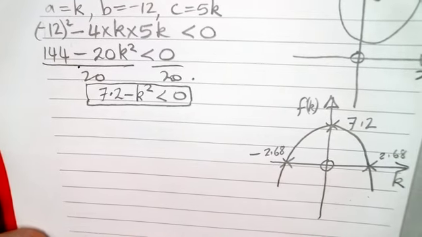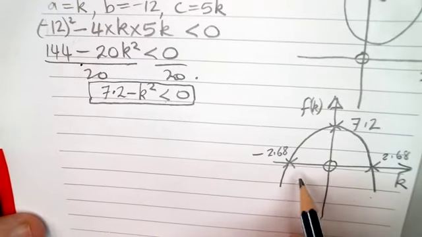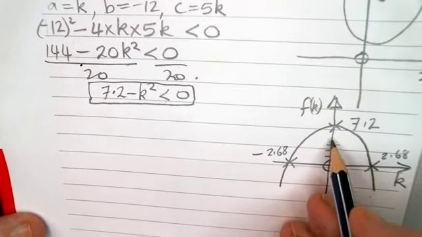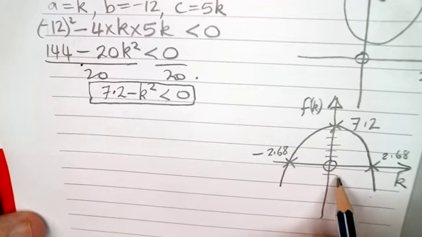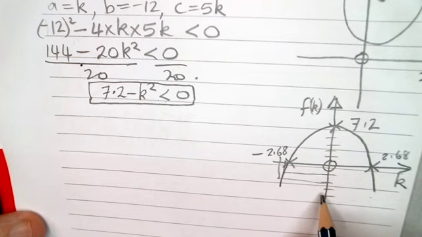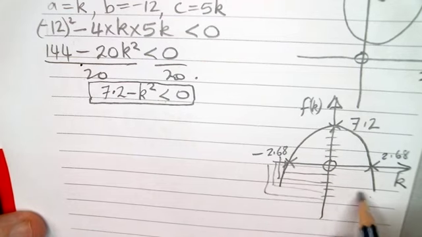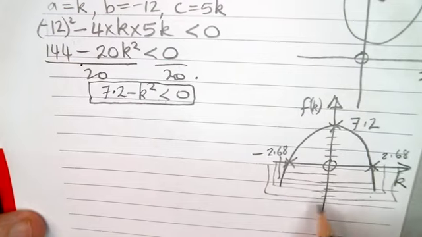That's a negative. And because this is less than 0, the values are not going to be up here because these are greater than 0. We want less than 0. The values are going to be down here, in other words, the values aren't going to be inside here, they're going to be the values outside.